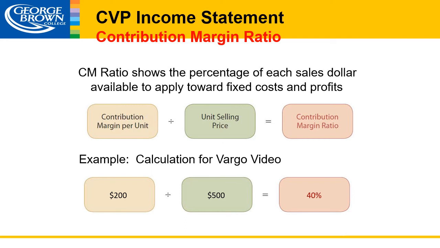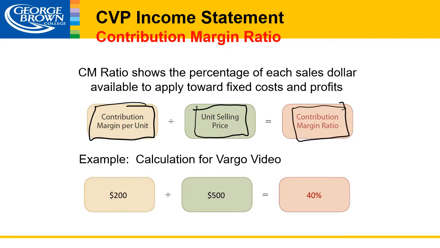Much like your contribution margin, you can calculate your contribution rate either per unit or in total. In this slide, we're talking about the contribution rate per unit. We calculate that by taking our contribution margin per unit and dividing it by the selling price of the dish or product, which gives us the contribution margin ratio or rate.